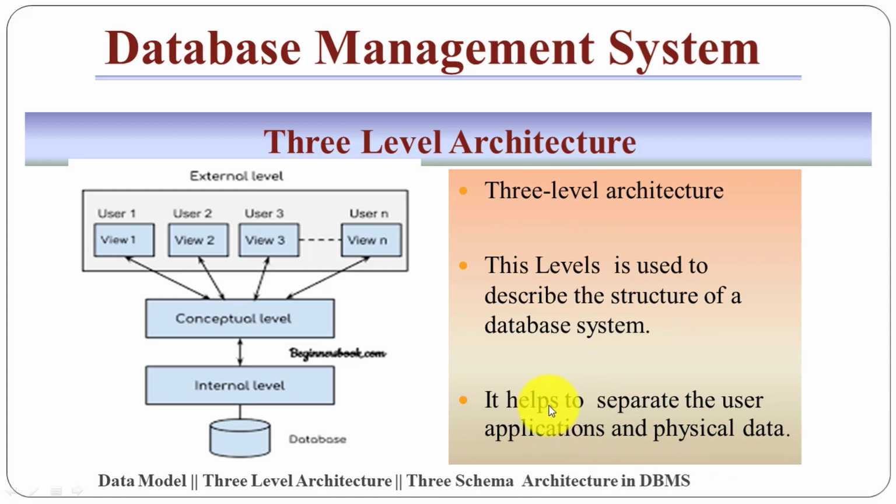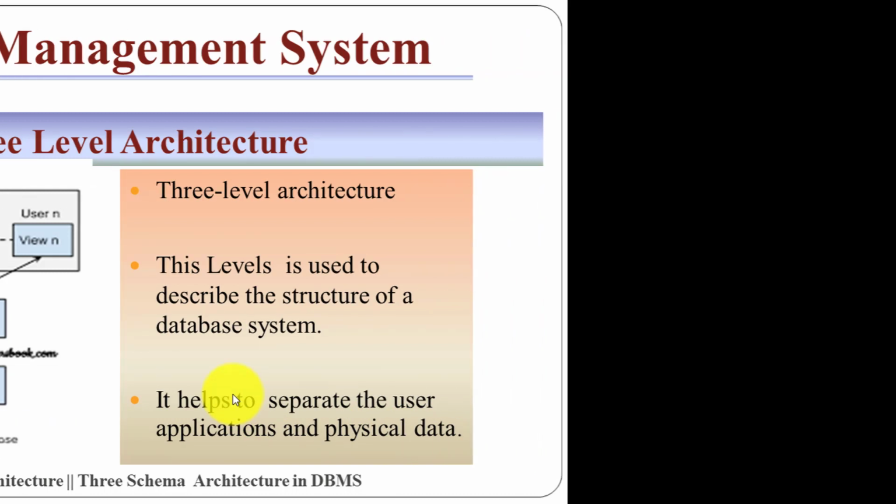This architecture also helps to separate the user, application and physical data. In this diagram, there are a number of users present in the first level, that is the high level, and these users can access the database through the conceptual level and internal level. That means there is a separation between the applications and the physically stored data. So this architecture helps to separate the user, application and physical data.